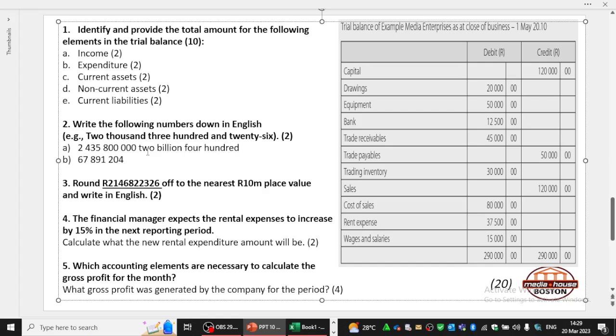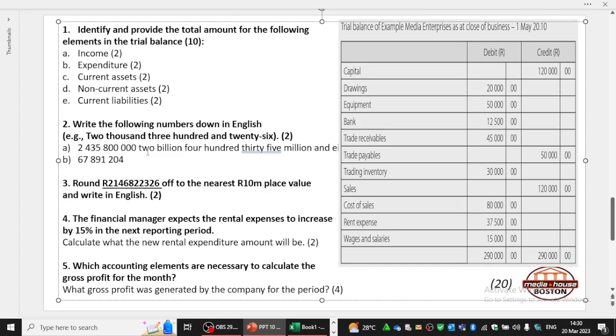400 million, 435 million. Okay, there is a word "and" in between: 435 million and 800.